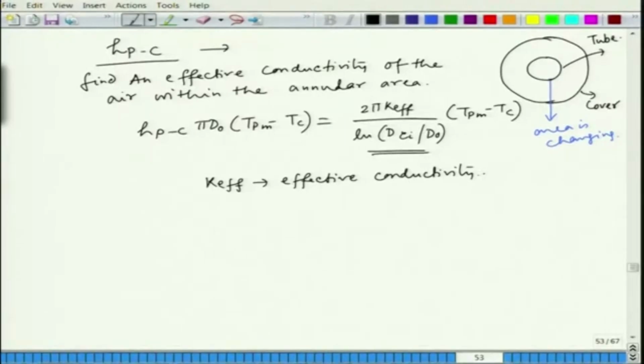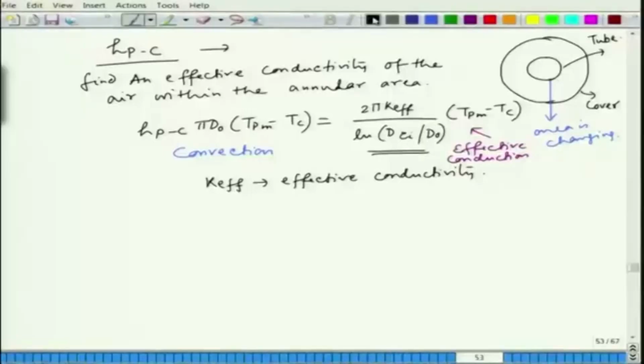So, what we did was we equated this convection term with the right hand side effective conduction term. Isn't it?